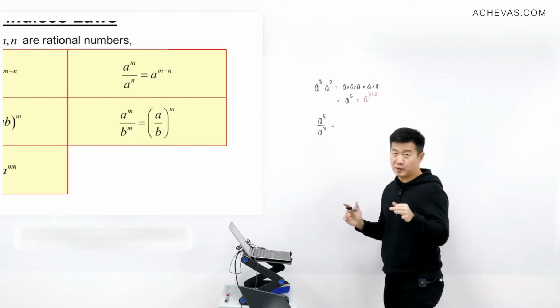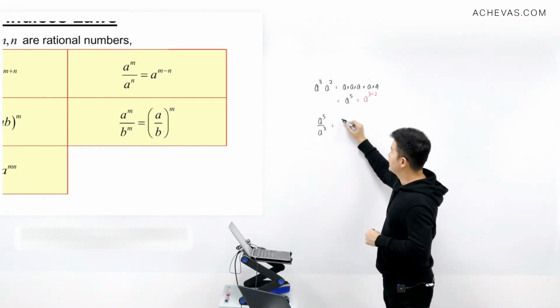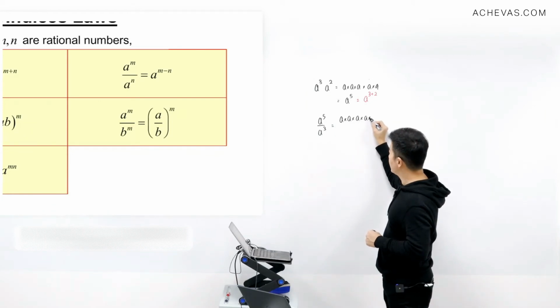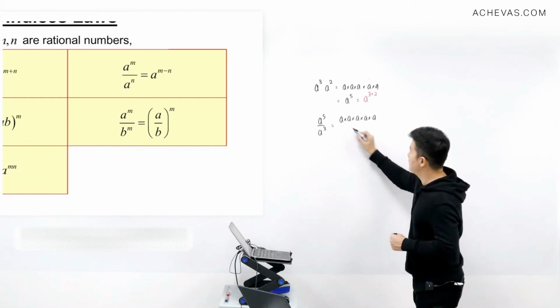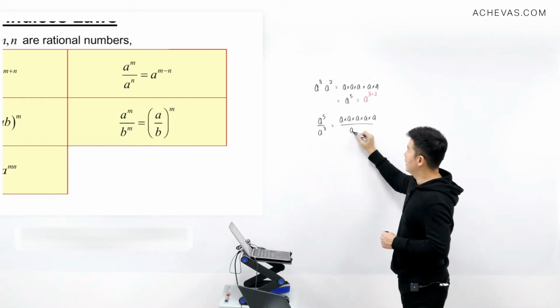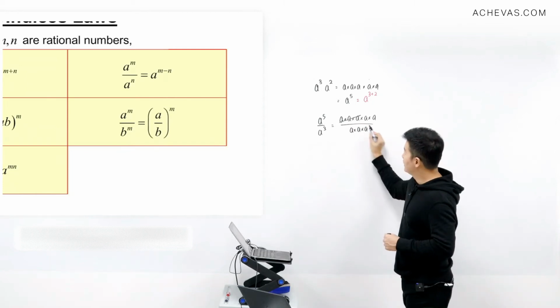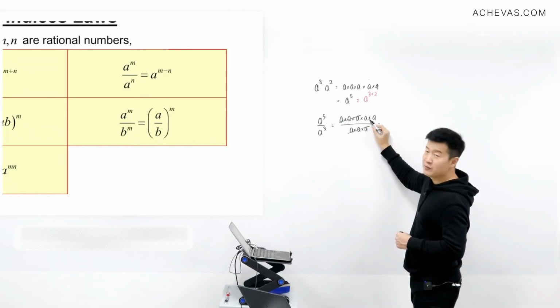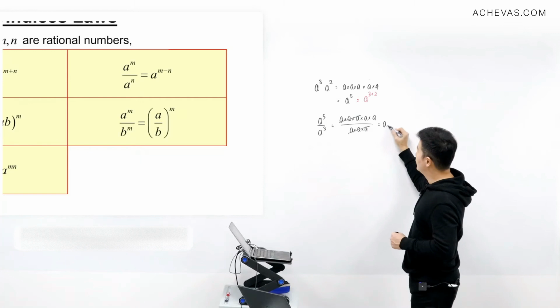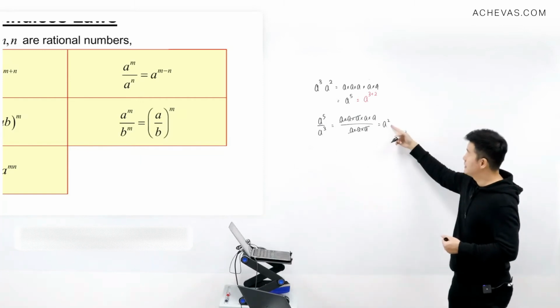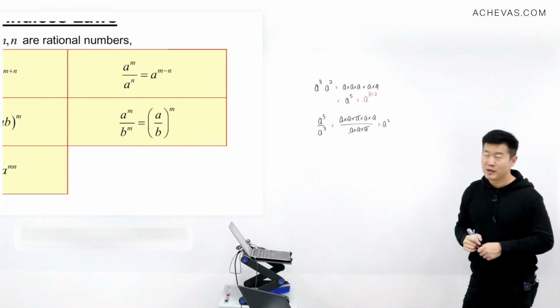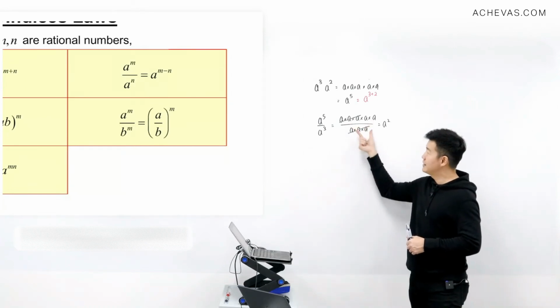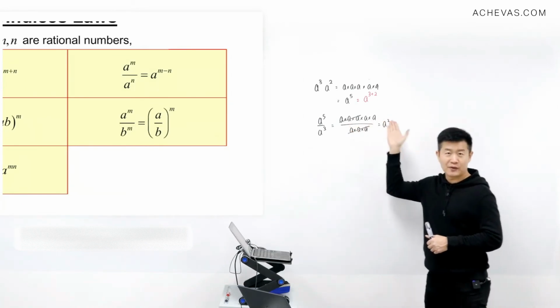If I use multiplication and division, the numerator here is a times a times a times a times a, 5 of them, divided by a times a times a. So we know that this can be cancelled, which will leave me with a to the power of 2, which is 5 minus 3.